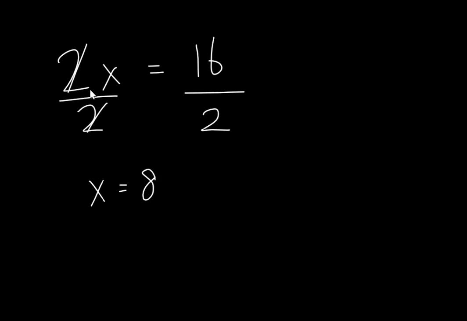Notice that we can only do this because 2 was multiplied to x. If it was 2x plus 1, you cannot divide by 2 because you're dividing by the entire thing. 16 divided by 2 is 8.